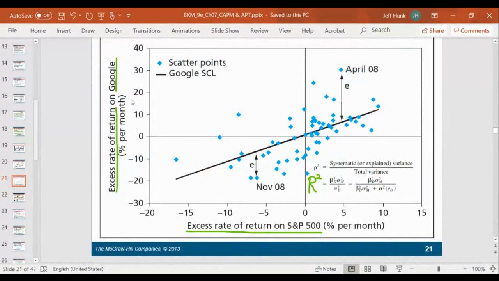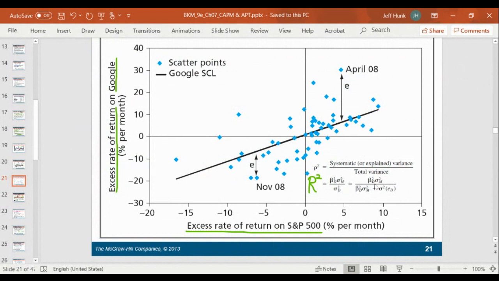We also talked about this. R square, which I replicated here, is simply systematic variance, or explained variance, over total variance, right? And what is the systematic variance? Systematic variance is the variance explained by beta.